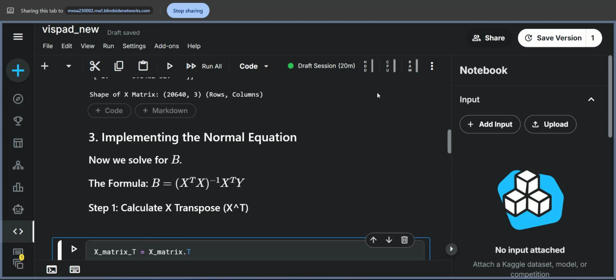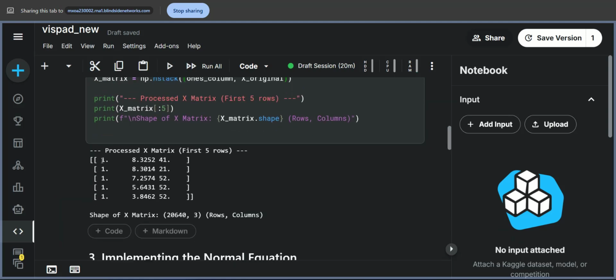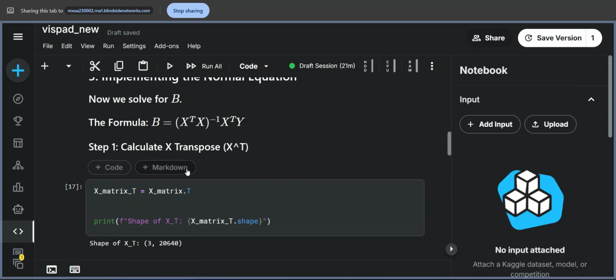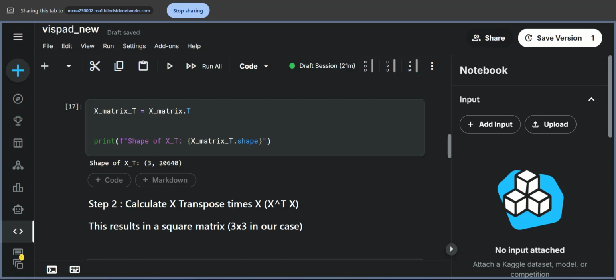You are taking all the horizontal entries and now they are becoming vertical. So the data that we had here is now becoming 1, 8 something, and then the 41, and so on all along.